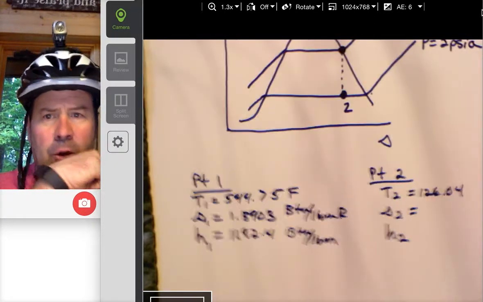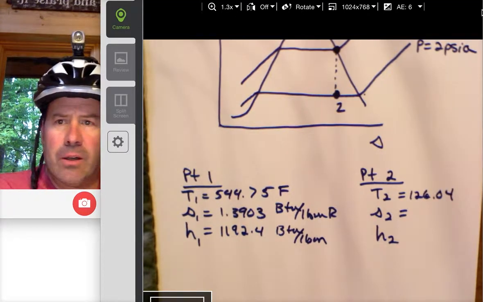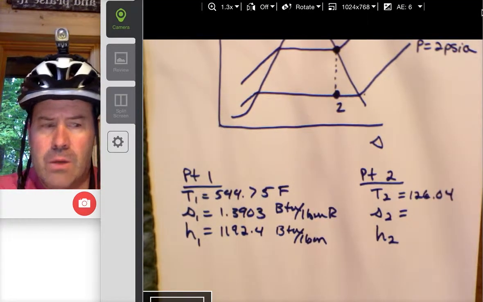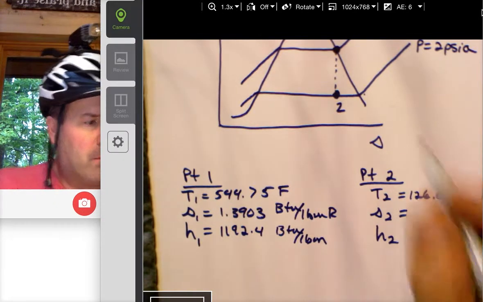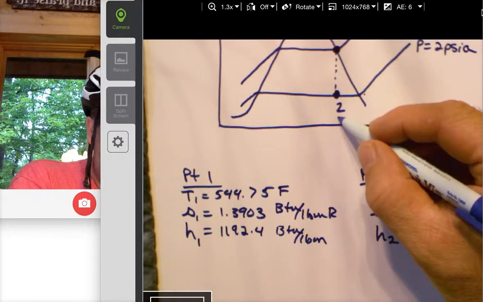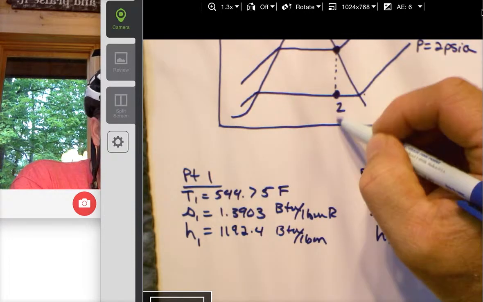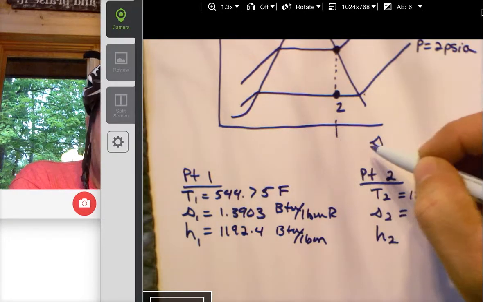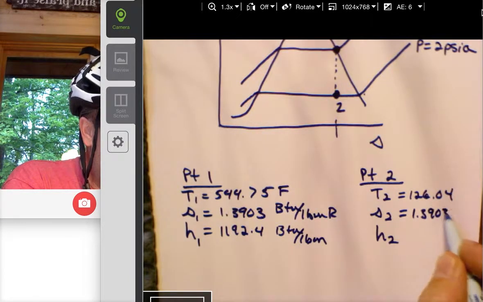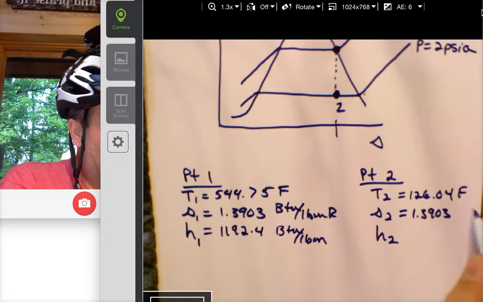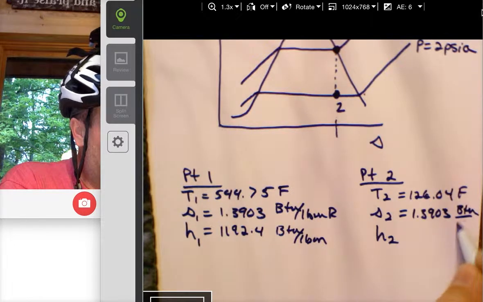And then I hope the next easiest thing for you to find was the entropy, because the entropy is the same. Point 1 and point 2 all have the same entropy. So 1.3903 BTUs per pound mass degree Rankine.